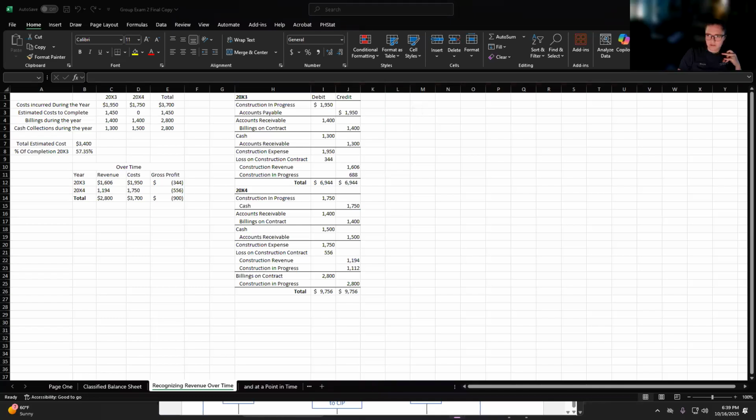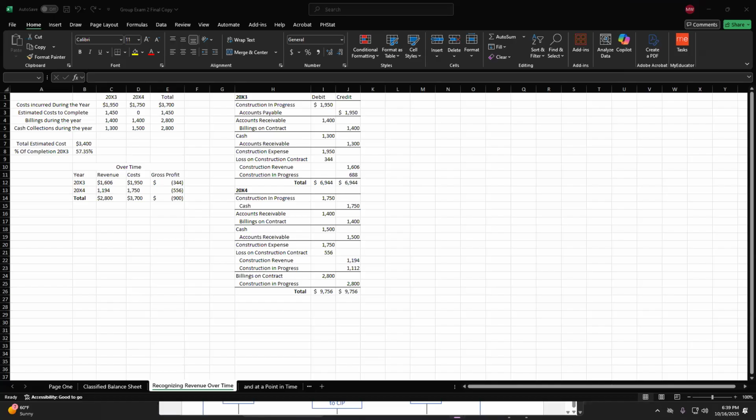Okay, but doesn't that still leave you with a balance of the 1,400 then in your billings on contract? Because I put it on both 2023 and 2024, and my T accounts cancel out to 0. Is it supposed to cancel if it's not completed though?